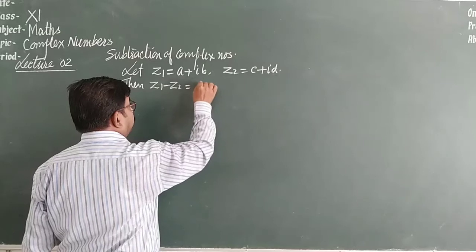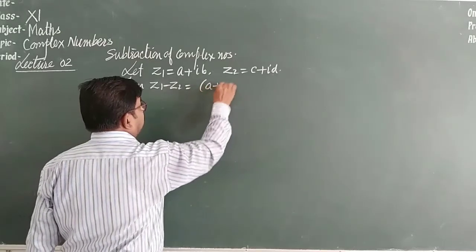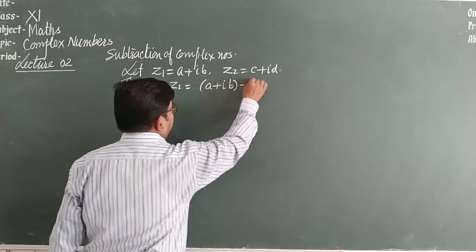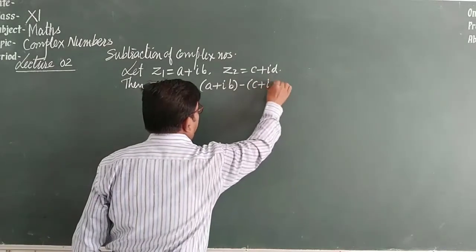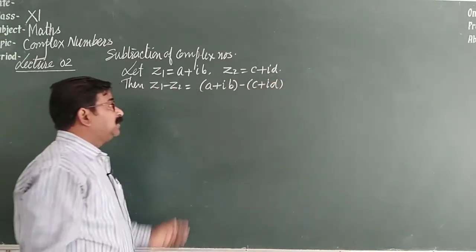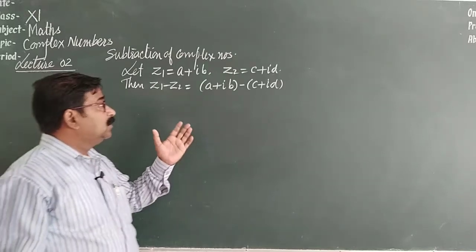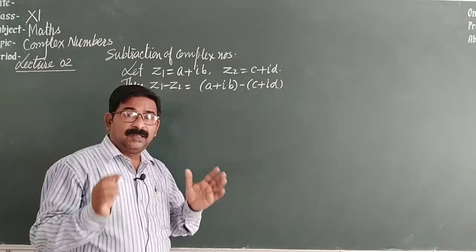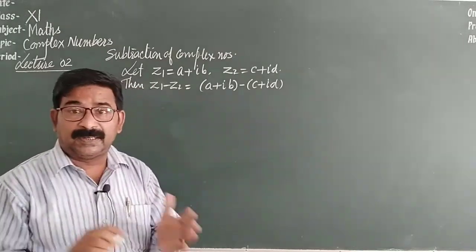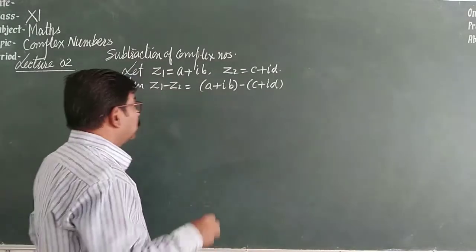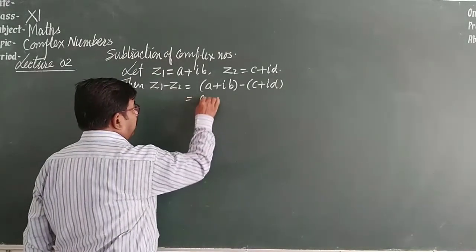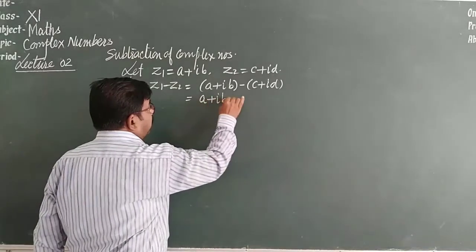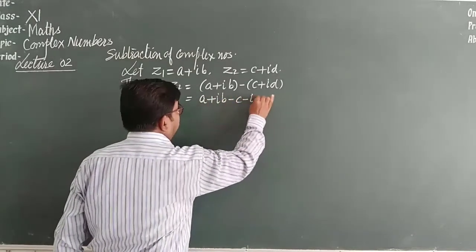So we have a plus ib minus c plus id. Simply when we add or subtract, we add real part with real part, imaginary part with imaginary part. So if you open the bracket, we have a plus ib minus c minus id.